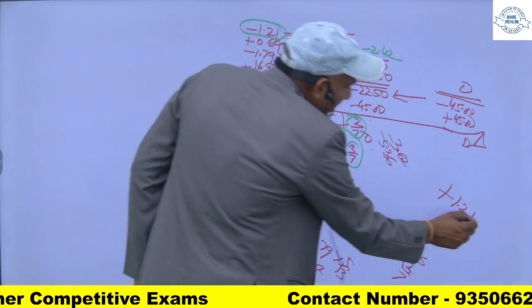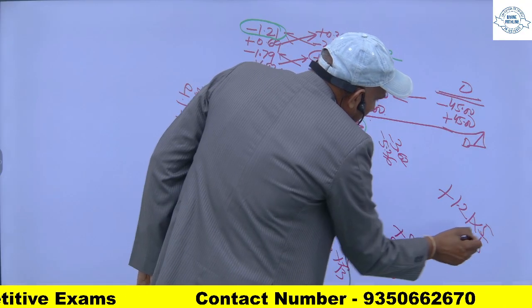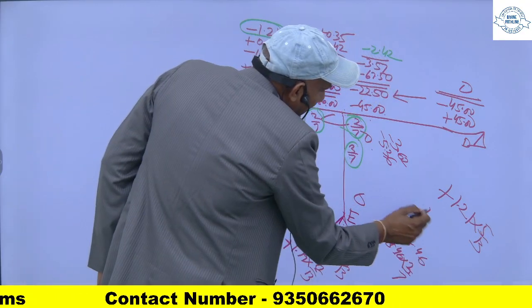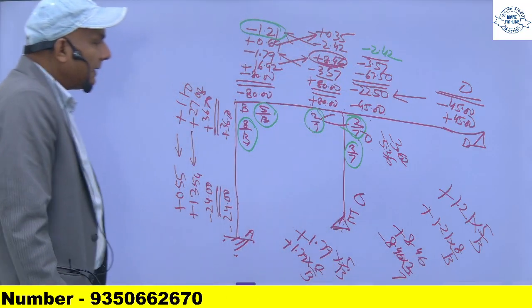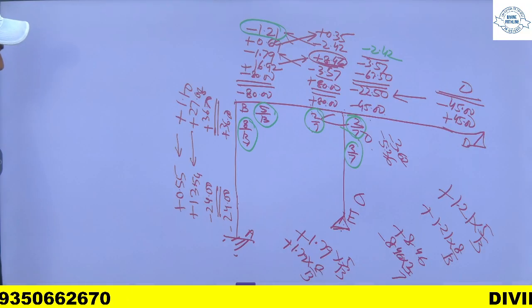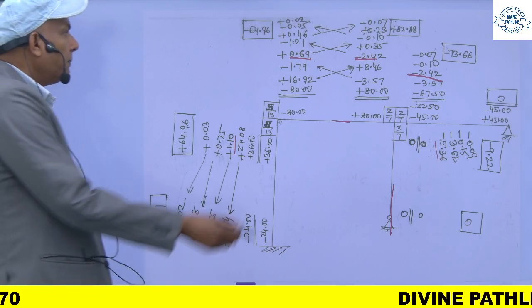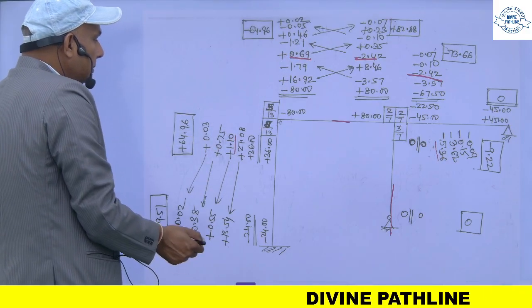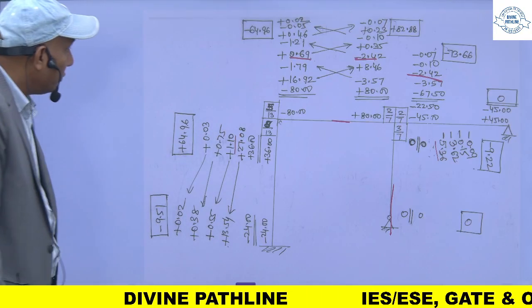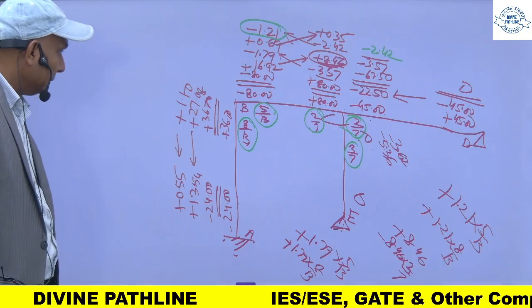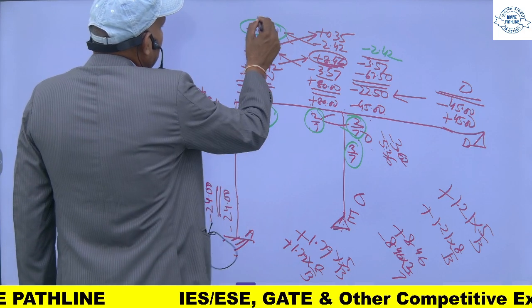For this I will multiply it by 5/13, and for this member by 8/13. So I will get plus 0.46 and plus 0.75.